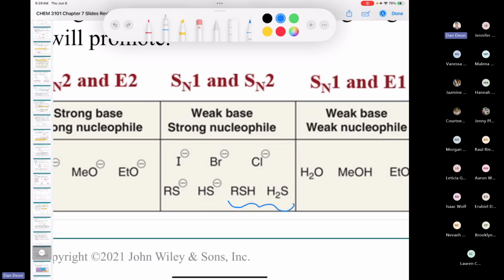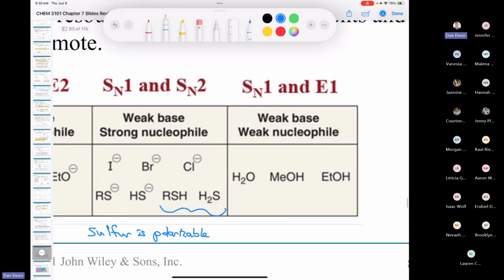But if you're wondering why these are good nucleophiles and weak bases, well, first of all, you can see that they're not strong bases. They don't have negative charges. But why they make good nucleophiles is because sulfur is polarizable. And so that means it's able to distort its electron cloud to be a good nucleophile.